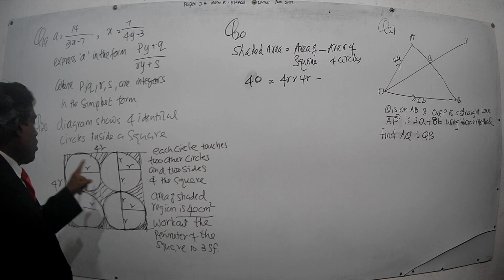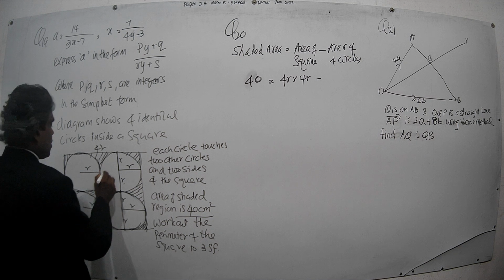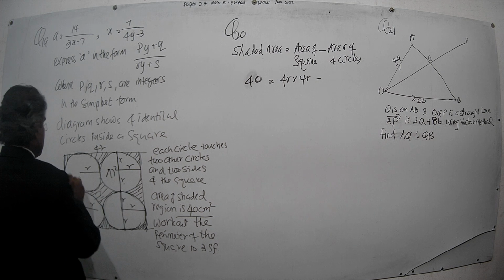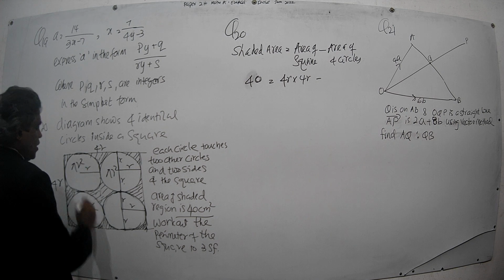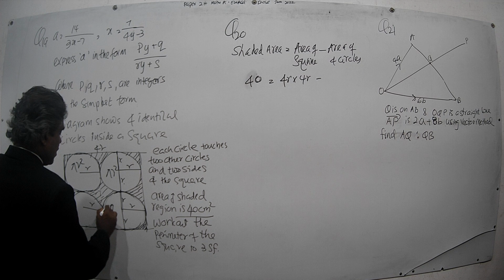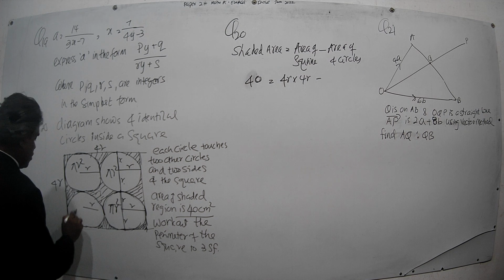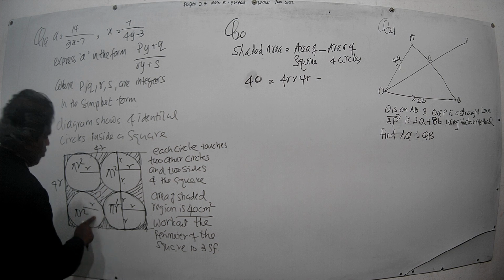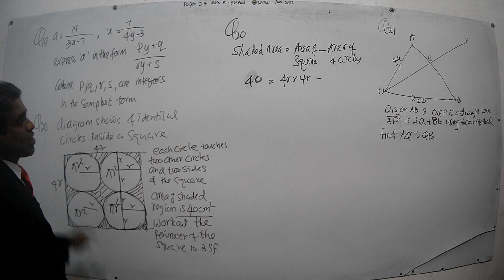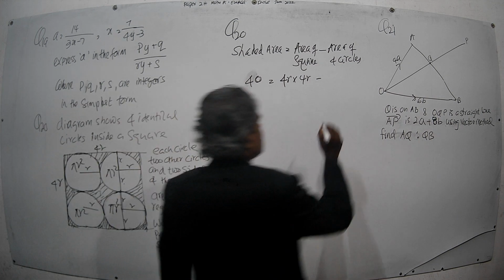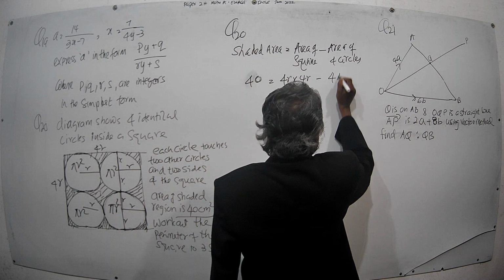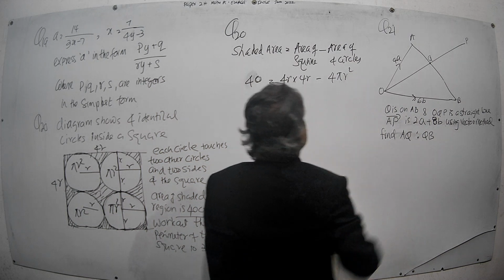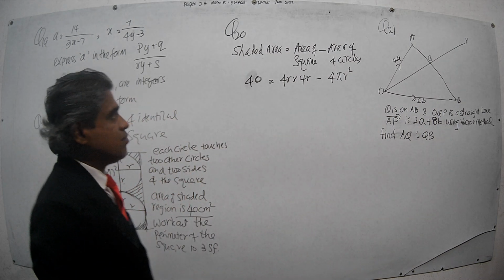This area is pi r squared, this also pi r squared, this also pi r squared, this is also pi r squared. Then there are 1, 2, 3, 4. There are 4 pi r squares. Then here it will be 4 pi r squared. That will be the total area of 4 circles, right?